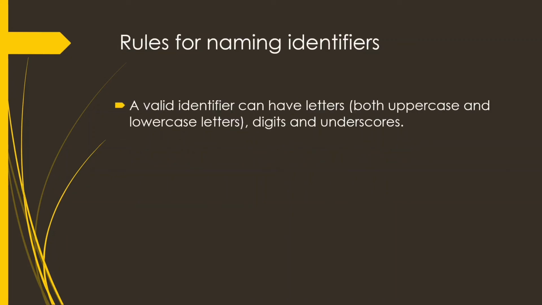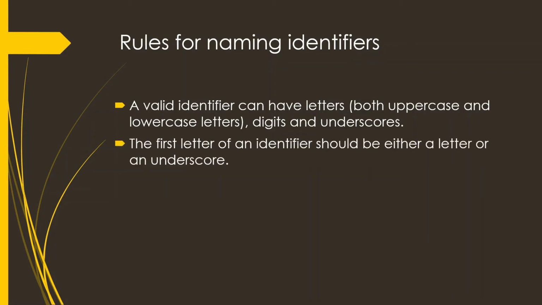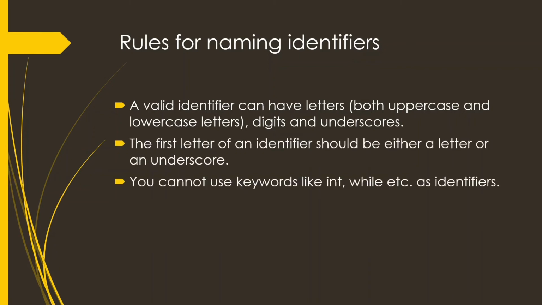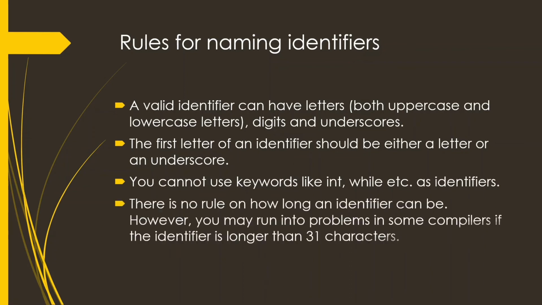A valid identifier can have letters both upper and lowercase, digits and underscores. An identifier should start with either a letter or an underscore. You cannot use keywords as identifiers. There is no rule on how long an identifier can be, but to avoid compilation problems, do not make your identifier longer than 31 characters.